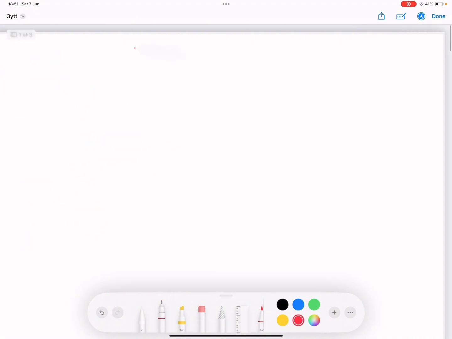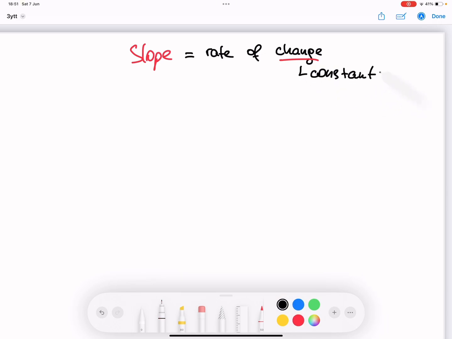Let's see what is slope. Slope, with another name, rate of change, means something changes constantly.